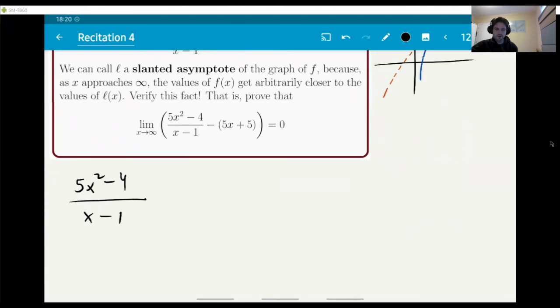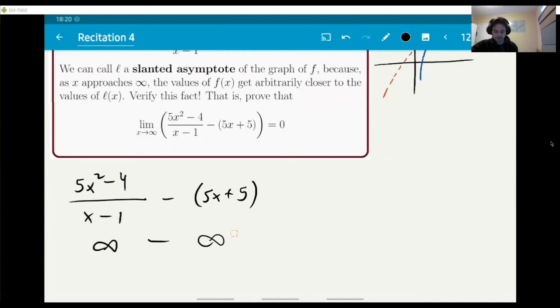Looking at numerator over denominator, the numerator has the highest power, so this one is going to infinity for sure. Also the line 5x minus 5 is going to infinity because 5 times infinity is infinity. Then that's a problem for you if you try to do infinity minus infinity. That's indeterminate.